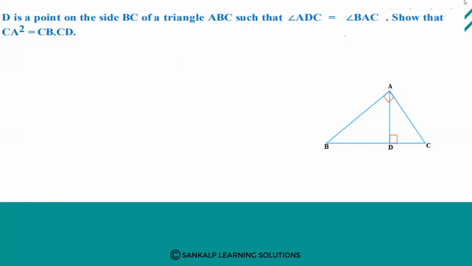Here we can see two triangles. Which ones? Triangle ADC is one, and the next triangle is BAC. So what have they said? Angle ADC is equal to angle BAC, that means D and A are equal. So we take triangle ADC and triangle BAC. Two triangles are there, that is ADC and BAC.